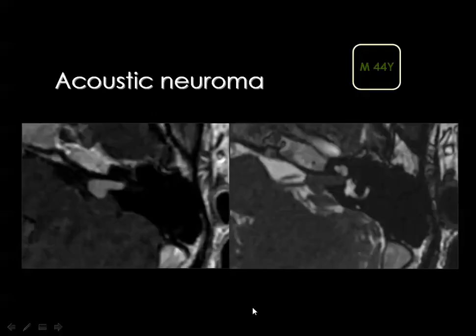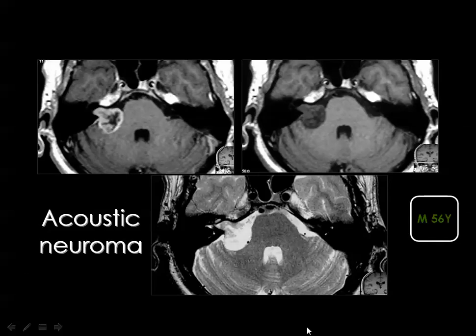And this is also another example, T2 weighted image of an intracanalicular acoustic neuroma, and T1 post contrast showing the intra and extracanalicular components. This is a sizable acoustic neuroma at the cerebellopontine angle with intracanalicular component and a component in the cerebellopontine angle showing heterogeneous post-contrast enhancement.